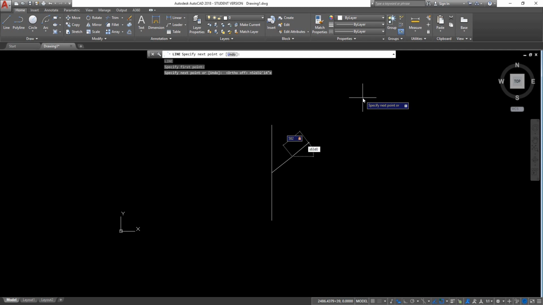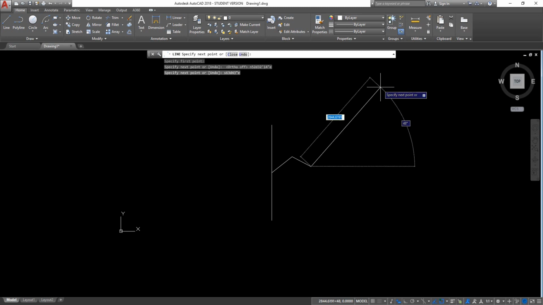Or you can also type 0 minutes, 0 apostrophe, and then 43, for example, seconds with the quotation mark. This way or this way is the same. AutoCAD knows that it is 0 minutes. And finally you enter the E key for east.